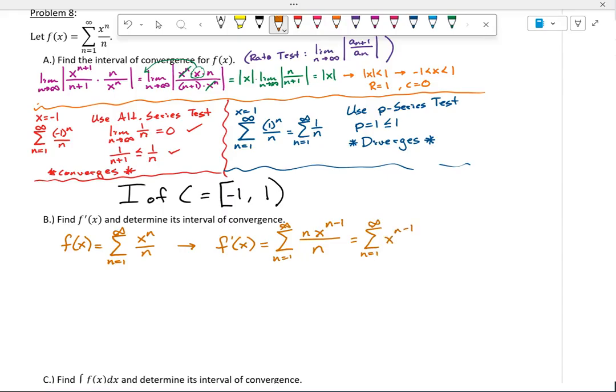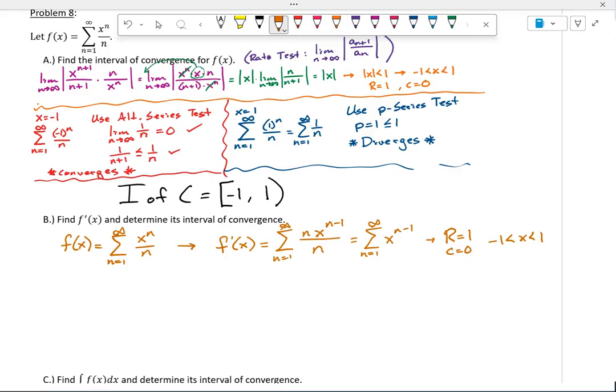So that is our derivative function. From it, our radius is still 1, our center is still 0, and our endpoints are going to be -1 and 1. Okay?